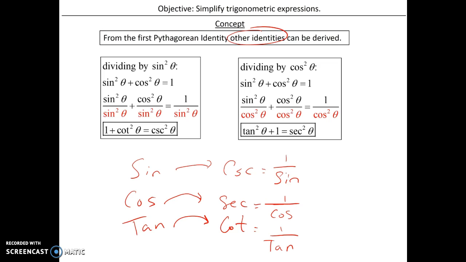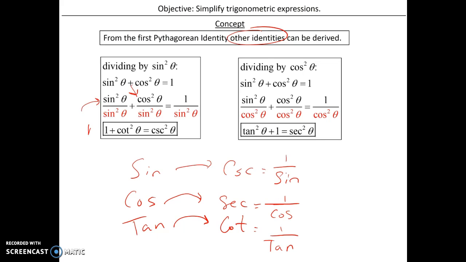If I divide sine squared theta plus cosine squared theta equals 1 by sine squared theta, sine squared over sine squared is 1. Cosine squared theta over sine squared theta is cotangent squared theta, and 1 over sine squared theta is cosecant squared theta.